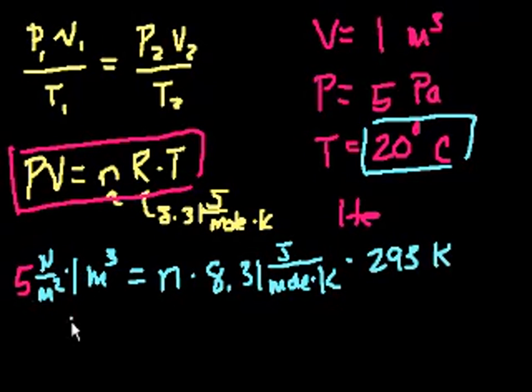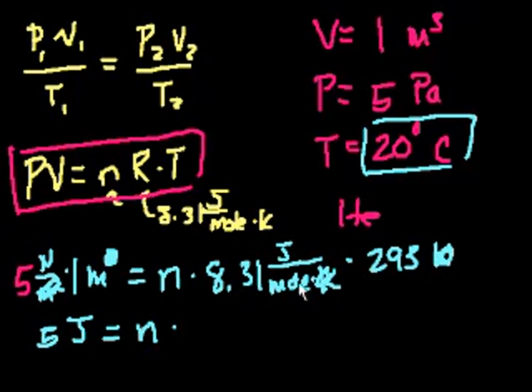So let's see. I get 5 times 1, and meter squared, meters cubed, this cancels out. This just becomes a meter. Newton meter is joules. 5 joules is equal to N moles times 8.31 joules per mole Kelvin. Well, this Kelvin and this Kelvin cancel out.